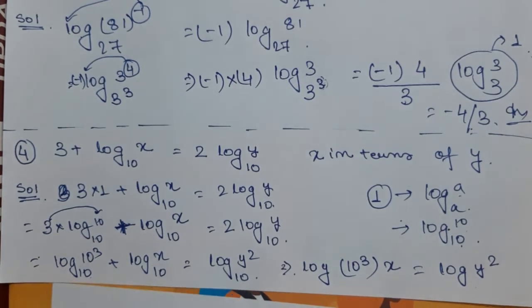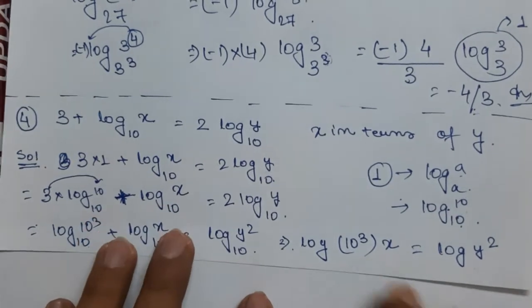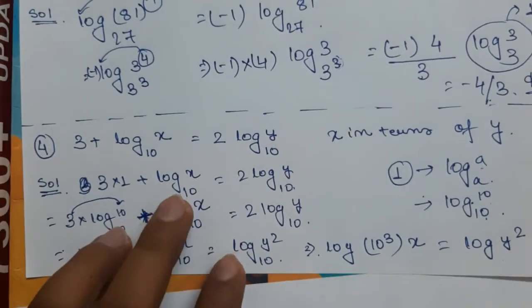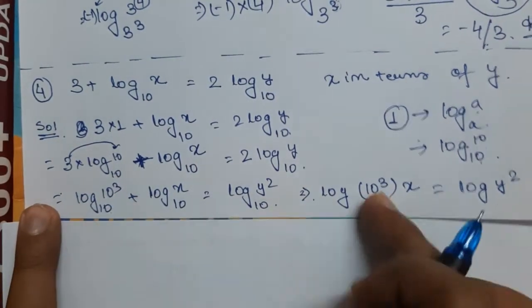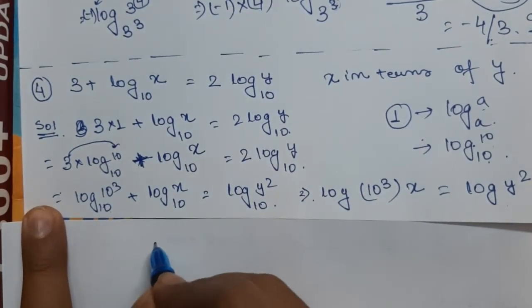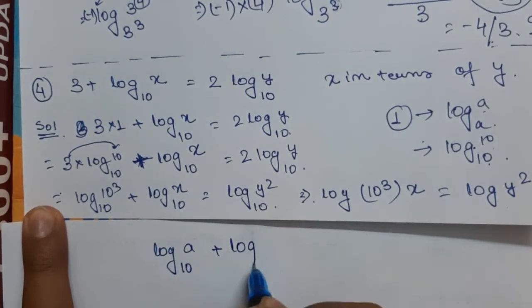So after this, what will we do? I am writing here what I have used. If you did not understand how I have changed from this to this, I have used this property.